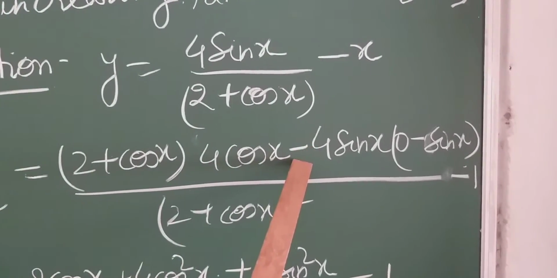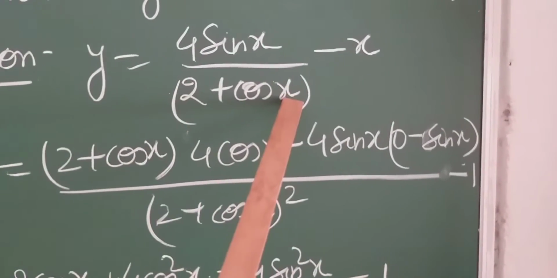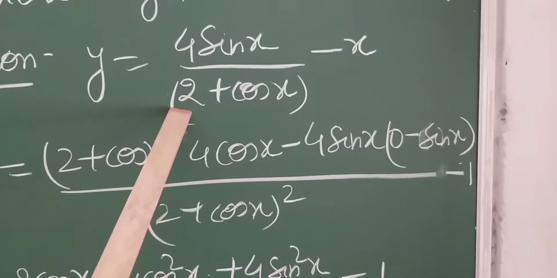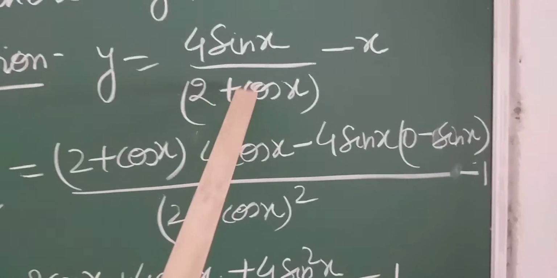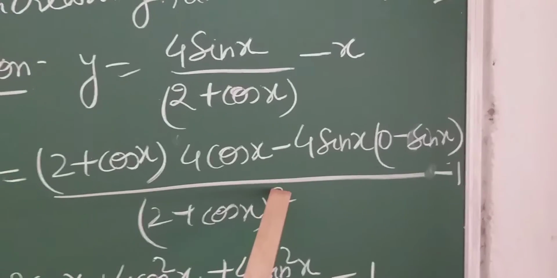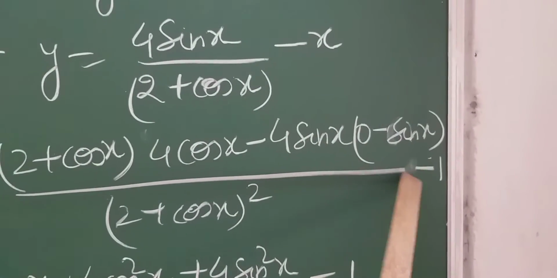Now minus sign, then write the numerator as it is, derivative of the denominator, 2 derivative 0, cos x derivative minus sin x, upon denominator square, 2 plus cos x whole square, and x derivative is 1, so we can write minus 1 separately.